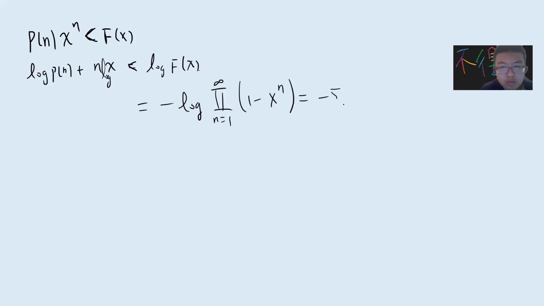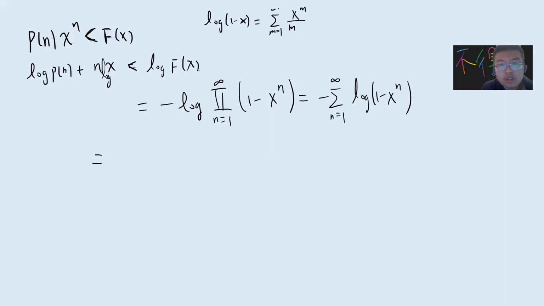Also, we can do summation. We can do the expansion. So the infinite product becomes an infinite sum. This is a very good technique that one can just use. Okay, and we use that log of 1 minus x is minus the summation of x^m over m from 1 to infinity.